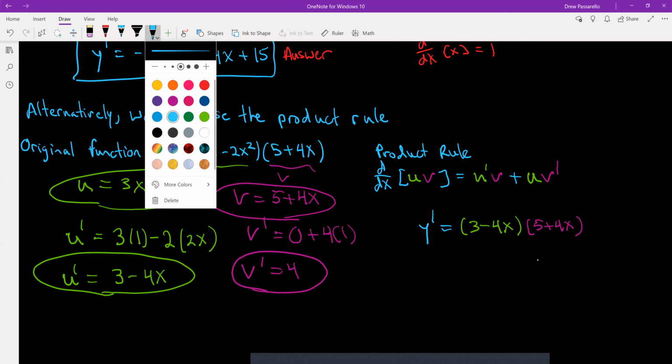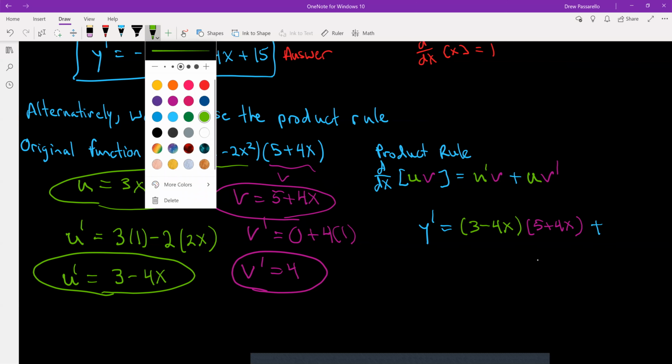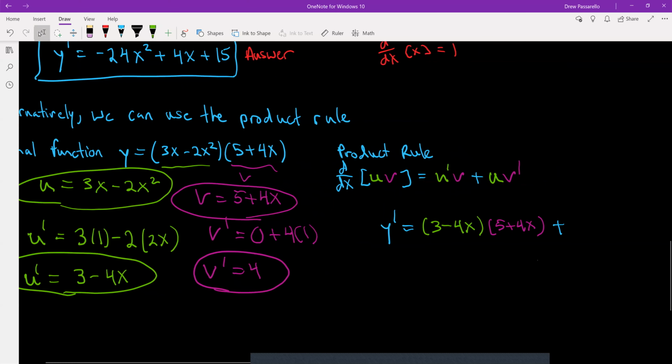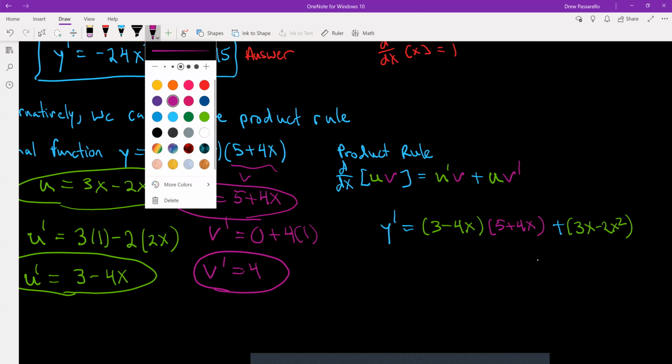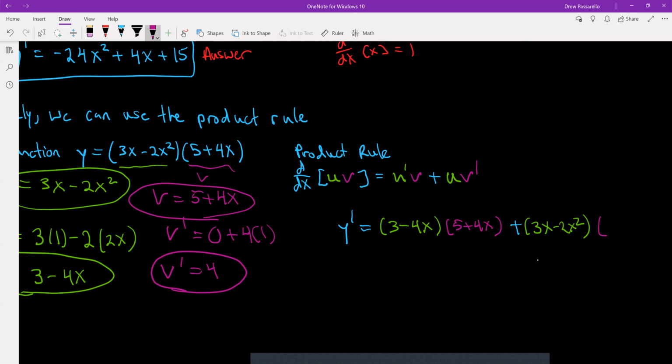Then plus u times v prime, and u was 3x minus 2x squared. And then v prime is 4. Okay, so all this times 4.